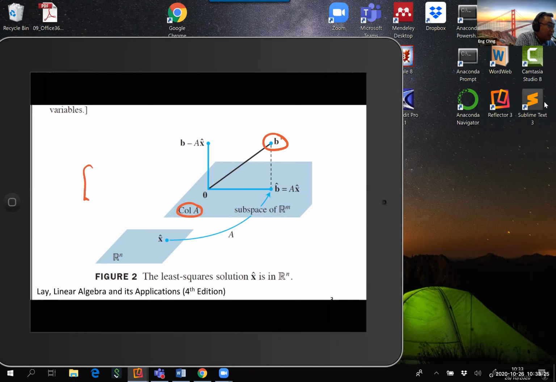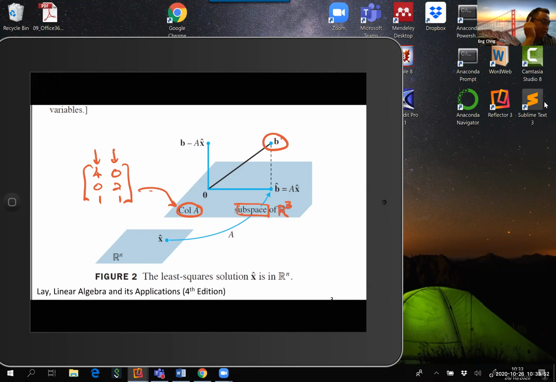In this case, we have these values for question 1. You can imagine that column 1 and column 2 can be linearly combined together to form a subspace. In this example, it's a subspace of R3.